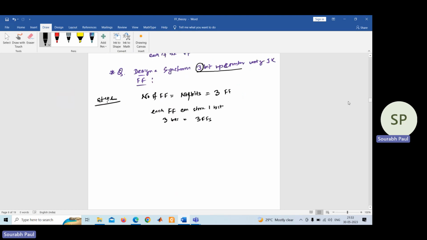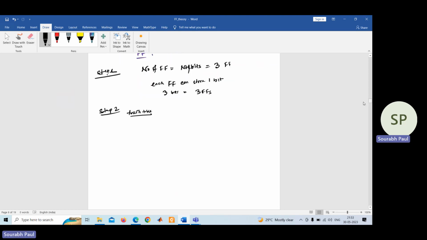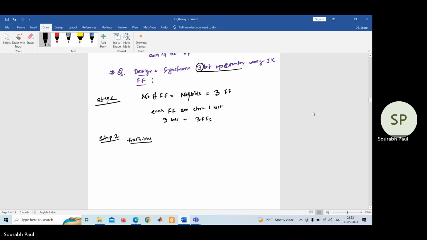Then the next thing is you need to make the truth table for the counter. Step number 2 is you need to make the truth table for the counter. Not only do you need to make the truth table, from the truth table you need to find out the values of the different flip-flop inputs.